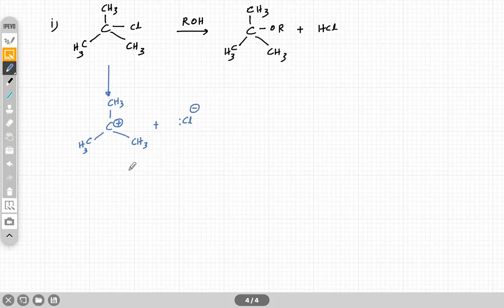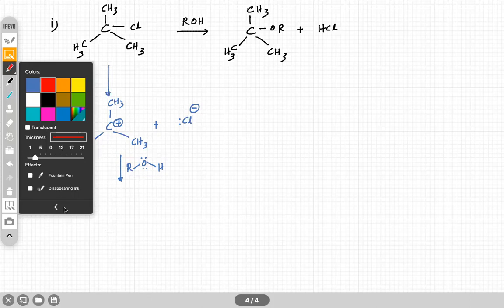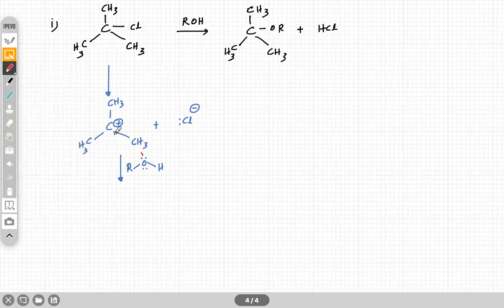This then reacts with the nucleophile, which is ROH. It has a lone pair present on the oxygen atom, behaves as a nucleophile, and attacks the positively charged carbon atom.